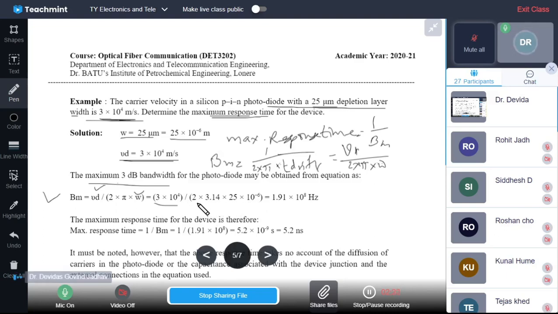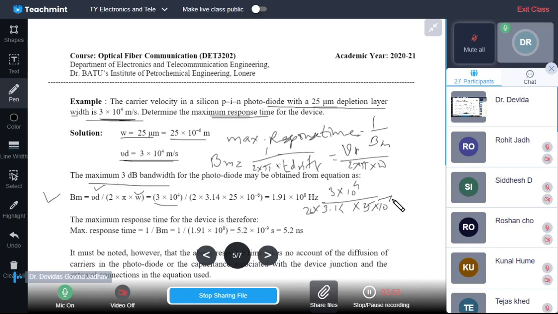If you simplify this, 10 raised to plus 4 in the numerator and 10 raised to minus 6 in the denominator, you can solve it. So 3 into 10 raised to 4 divided by 2 into 3.14 into 25 into 10 raised to minus 6.